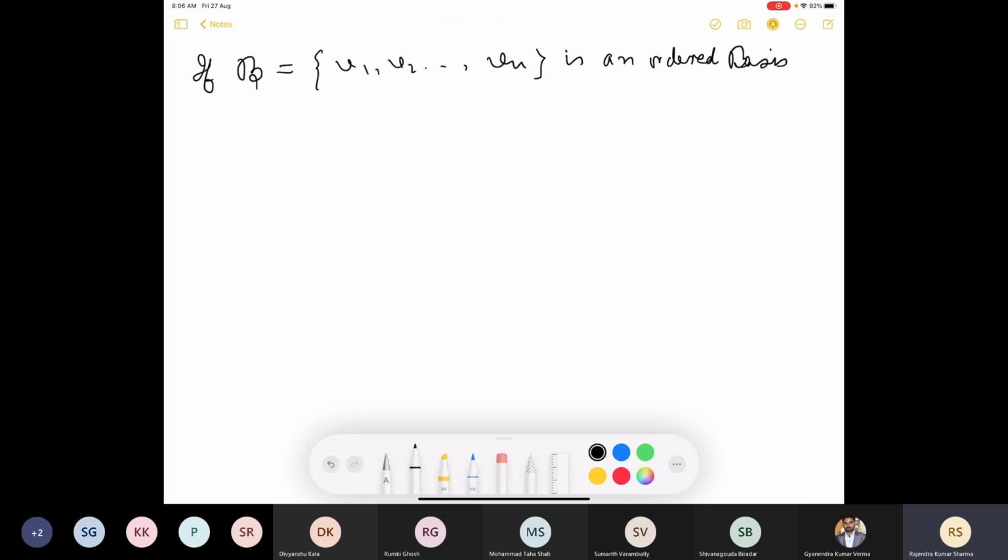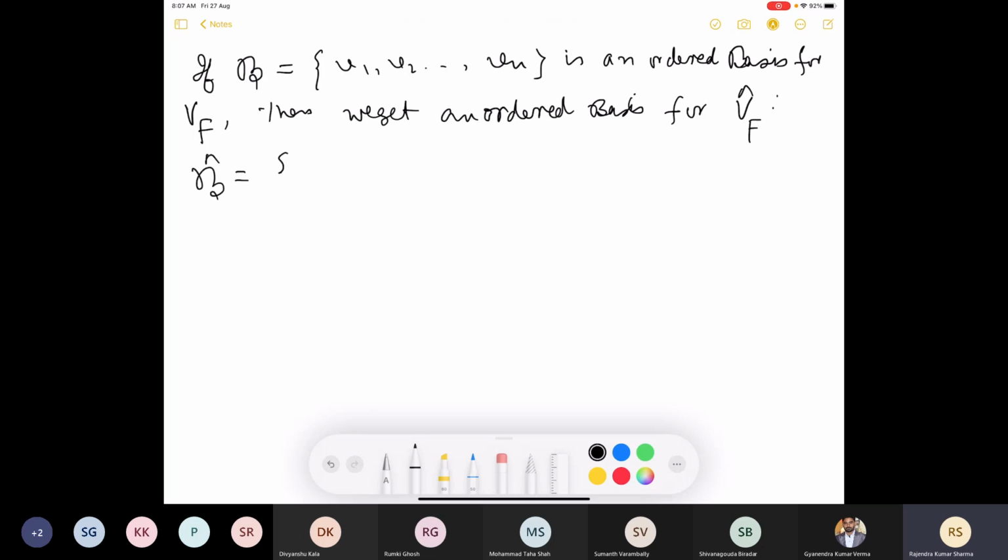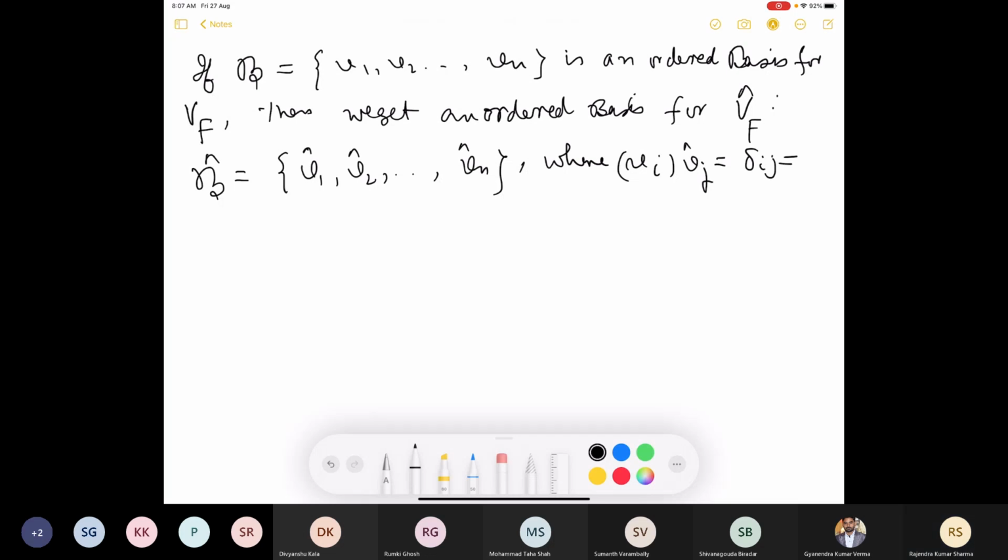Ordered basis means we are prescribing this basis for V over F, then we get an ordered basis for V hat over F, namely B hat consisting of v1 hat, v2 hat, up to vn hat, where to recall, vi under vj hat is delta ij, that means that this is 1 when i is equal to j and 0 when i is different from j. That's how they were defined.